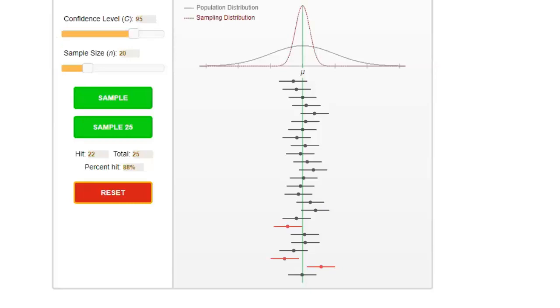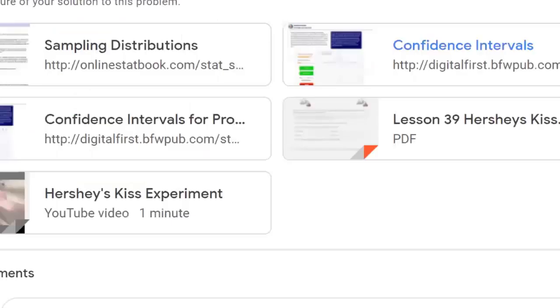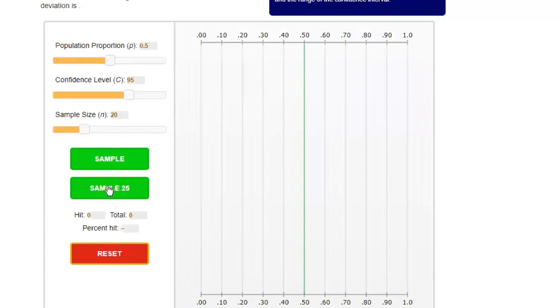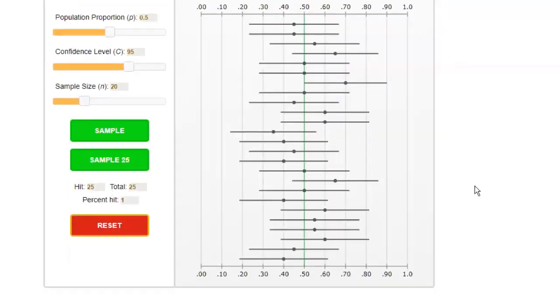And then let's see, one more is confidence intervals for proportion. Okay, again, I'll do a sample 25. Let me play with the population proportion. So right now it's set at 0.5.